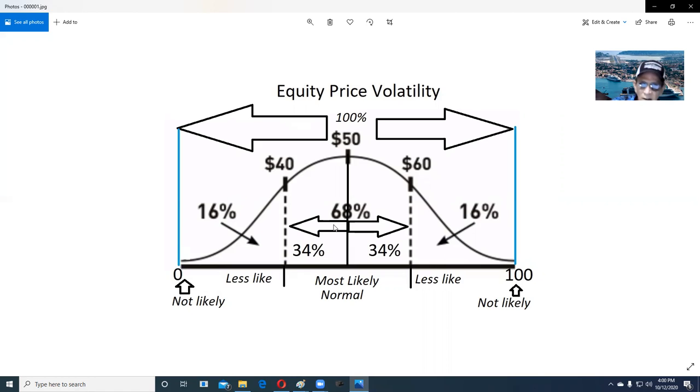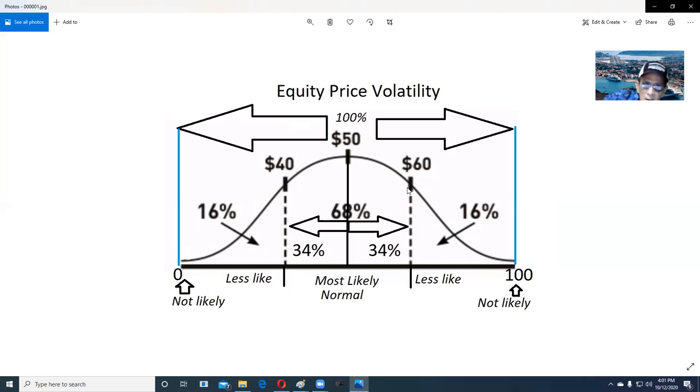So if we apply this rule, without going into the details of the math, we can say that the price is $50, and it has 34% to move in either direction out of the mean of the 68%. Then the price can swing through a period of time between $40 and $60, right?